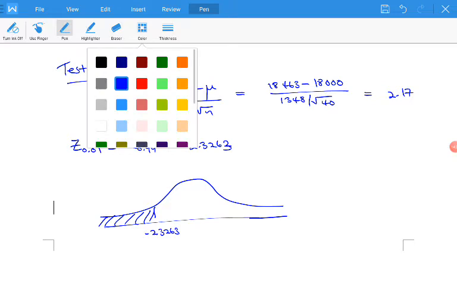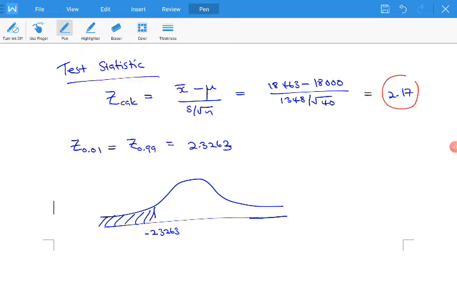And our test statistic is falling somewhere around here because in between here we have 0. So it's falling somewhere here in the acceptance region, 2.17.